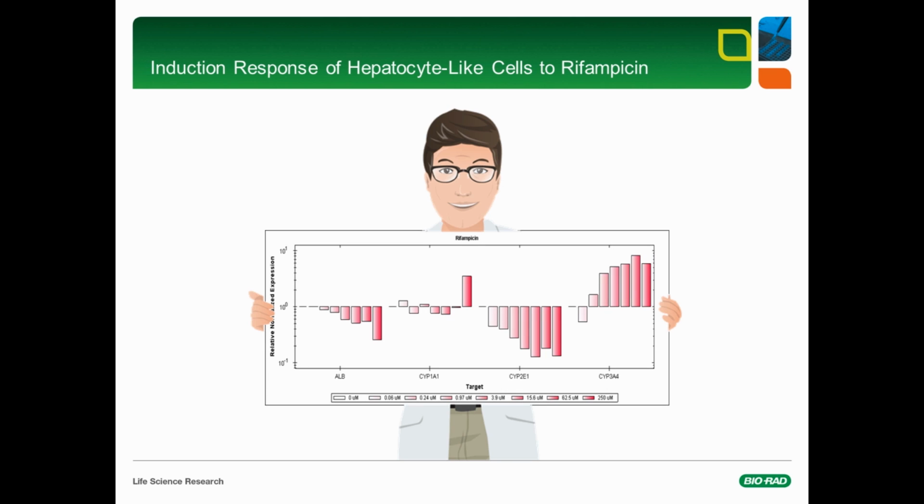When the cells were treated with the same concentrations of rifampicin, albumin and CYP2E1 expression steadily decreased, while CYP3A4 expression steadily increased across the concentration range. CYP1A1 expression remained relatively stable until it was induced at 250 micromolar. A narrower range or higher concentrations might be useful to further investigate the effect of rifampicin on CYP1A1 induction.